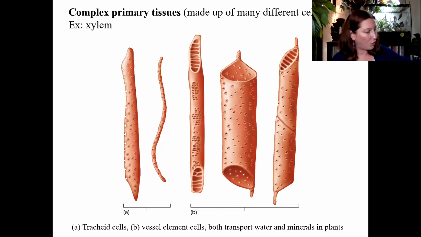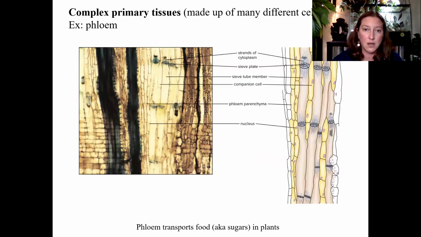We're not going to get into great detail today, but suffice it to say that xylem tissue is made up of different types of cells. Sometimes they are tracheid cells, which we see here in A. And then there are also vessel element cells, as we see here in B, three different types of vessel element cells. In either case, the job of these cells is to transport water and minerals in the plants, right? But it's more complex than the simple tissues we just looked at.